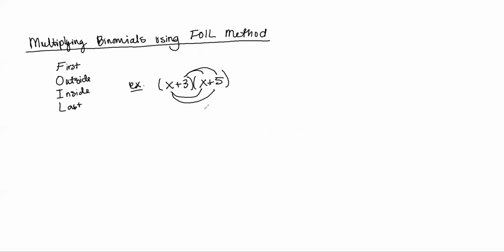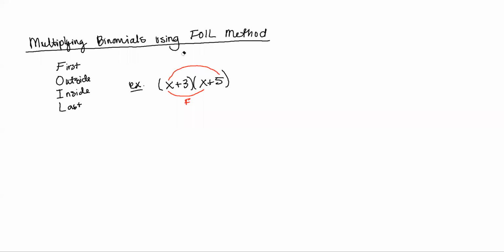That's one way you can still do these. This FOIL method is just a way of remembering what order to do things in. So first means we're multiplying our first terms of each polynomial. The O is outside, so that's the outside terms, the ones on the outside of each of the polynomials.